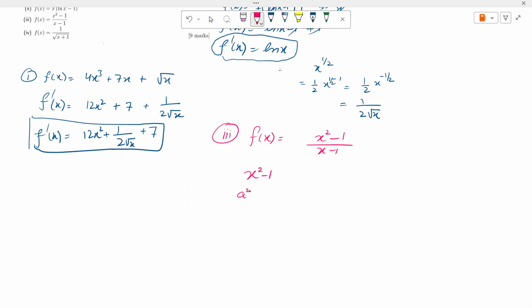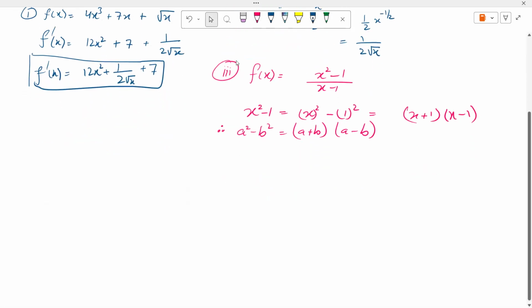And a squared minus b squared equals a plus b times a minus b, right? This is one of the identities, if you could recall. So I can write it down in this way, and apply this identity. That would become x plus 1, x minus 1.